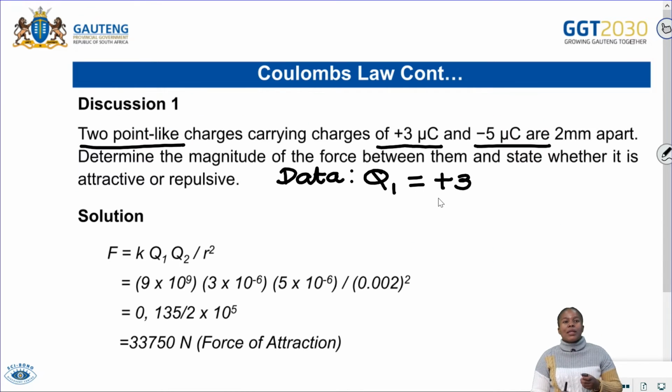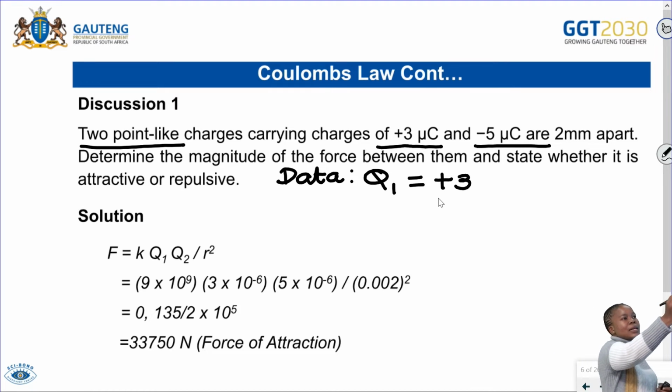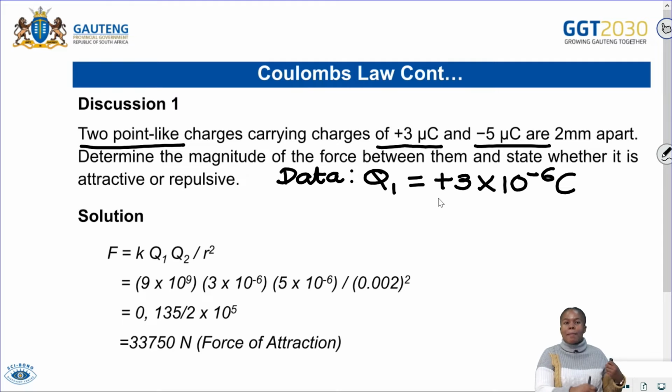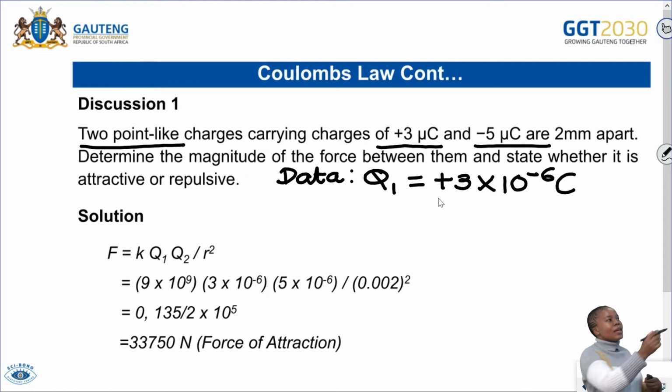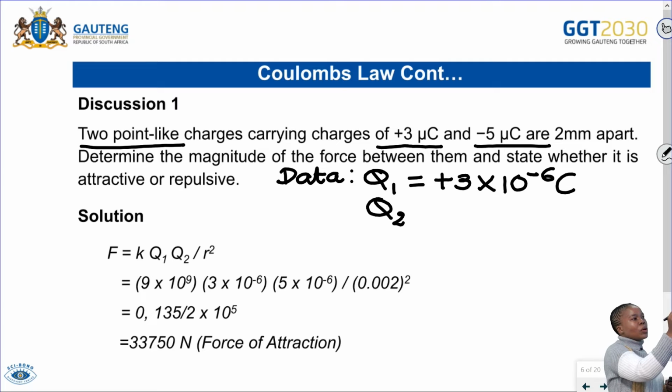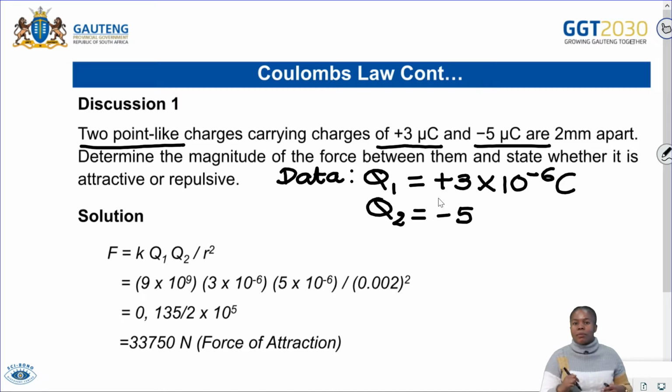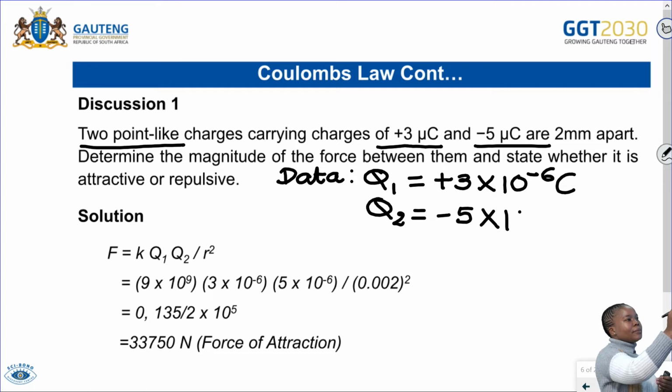So it is best to leave the number that is given to you like that, and then times 10 to the power of minus 6 coulomb. In that way, you've moved from a microcoulomb to a coulomb. And then charge number 2 is negative 5, because it's still in microcoulomb, you should change it. You see, writing your data reminds you of the proper SI unit that you should be using. Times 10 to the power of minus 6 coulomb.